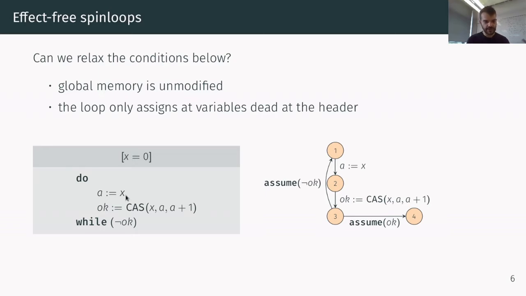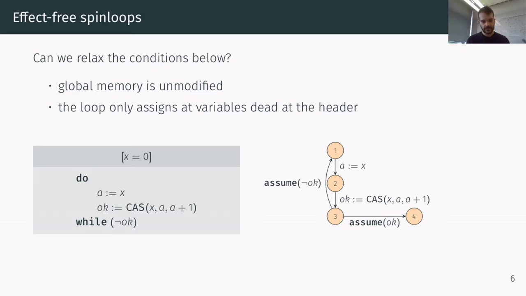So it first reads x to a, and then it tries to do a cas. That is, it reads x, and then if the value read is equal to a, it assigns a plus 1 to x atomically, and if this succeeds, then ok is true. Now, if this cas fails, then it just repeats the same procedure until this succeeds.